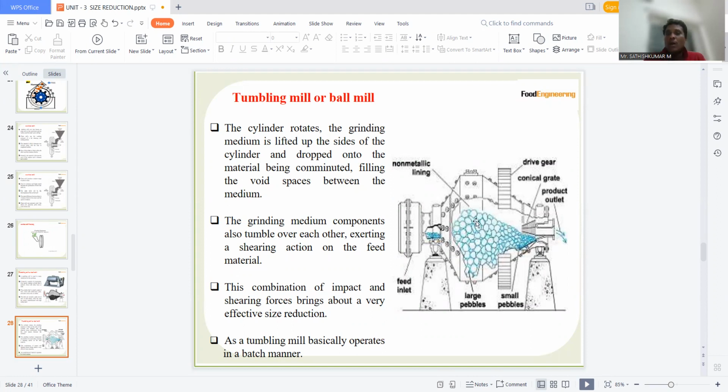Impact forces means the balls are collided with, or impact, particular solid particles. The solid will be reduced due to the impact forces in the case of tumbling or ball mills. Ball-like structure is responsible for the size reduction process in tumbling mills or ball mills.